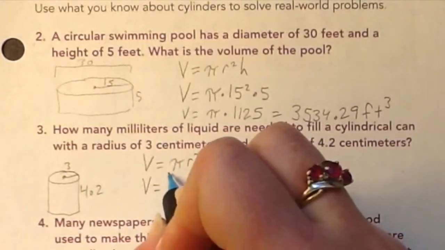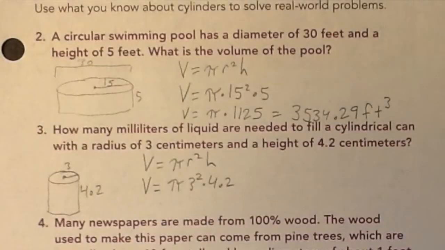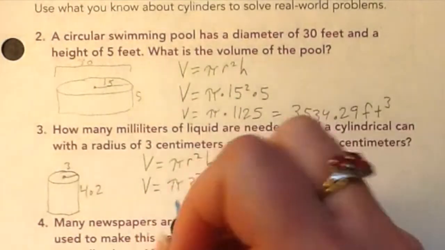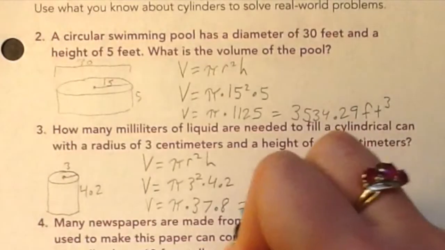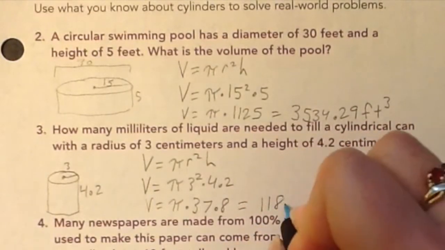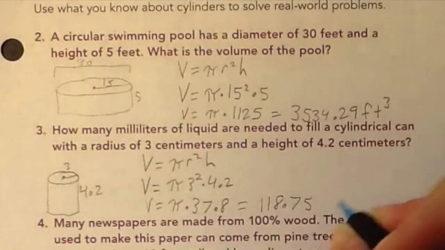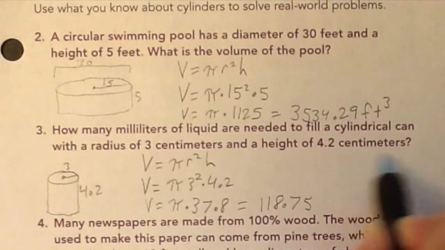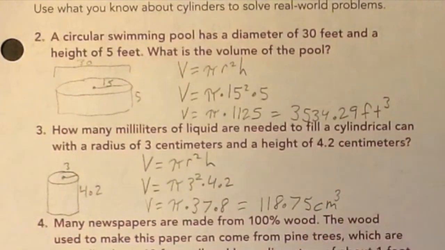So we're taking the area of the circle times the height. 3 squared is 9. 9 times 4.2 equals 37.8. So that times pi is 118.75-ish. You can always round to about 2 decimal places. And in this case, the units are centimeters, so this will be centimeters cubed.